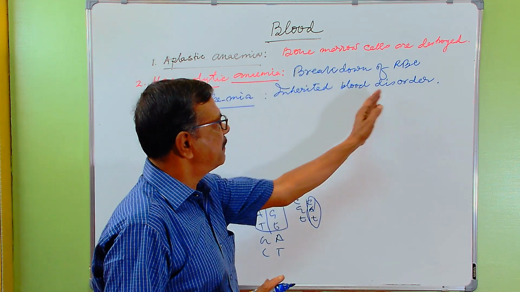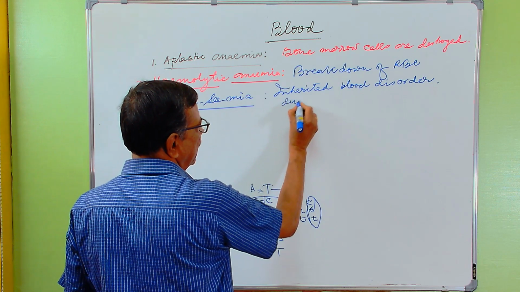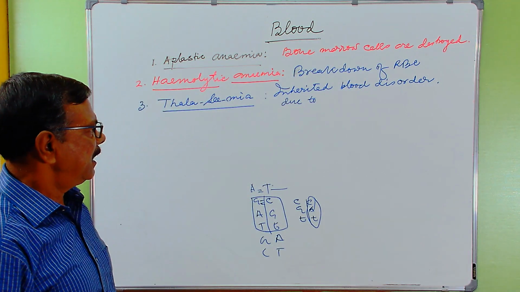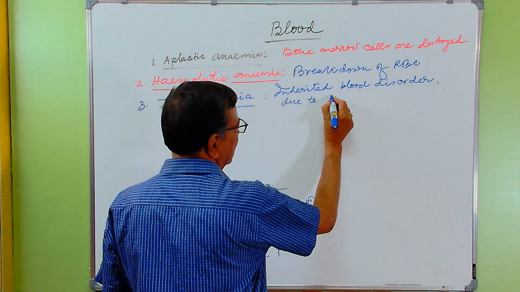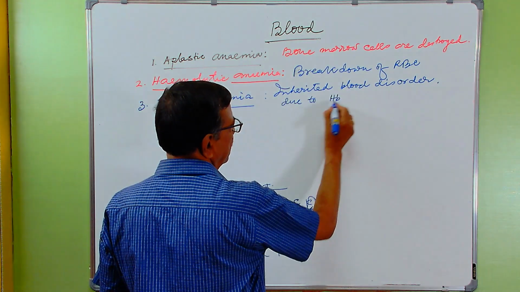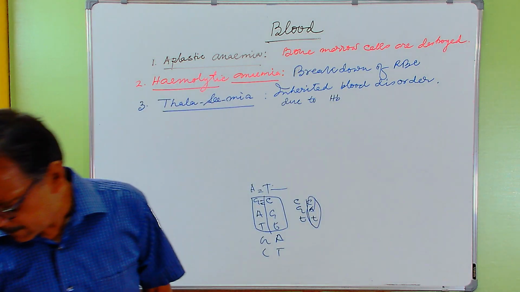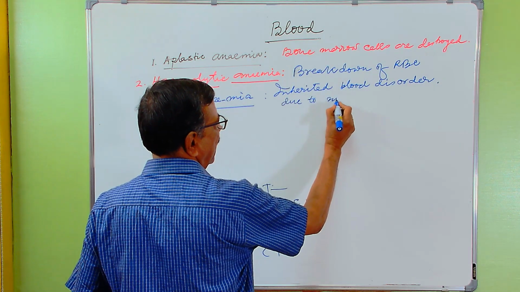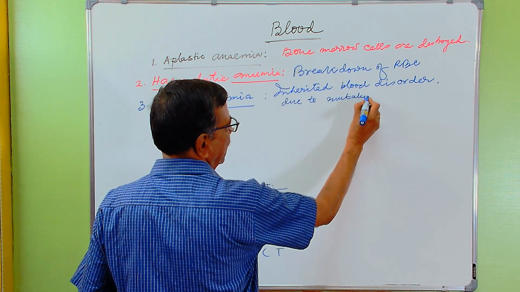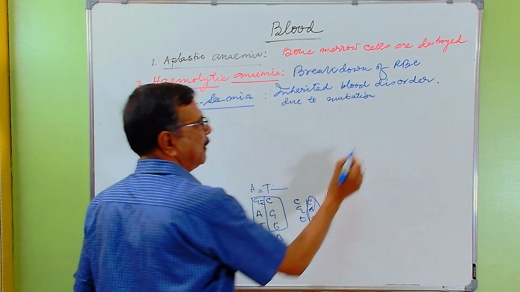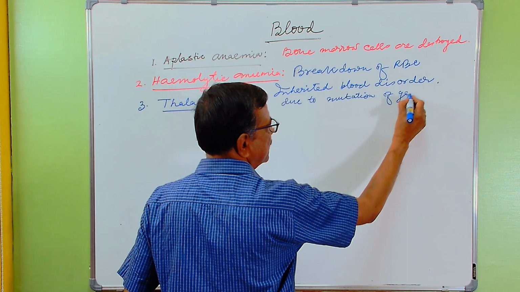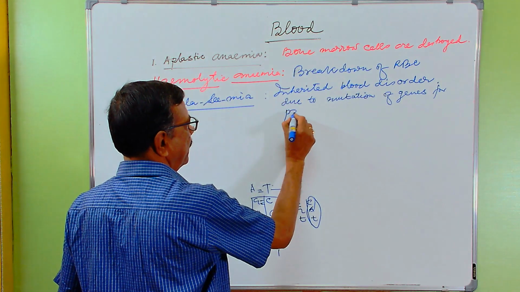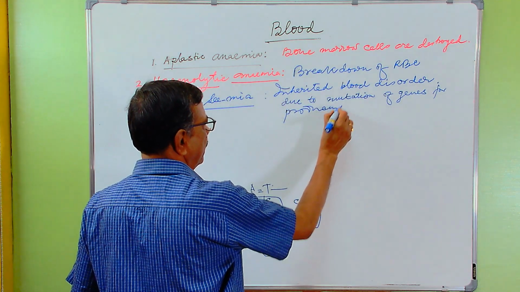So it is an inherited blood disorder due to mutation of genes for producing hemoglobin.